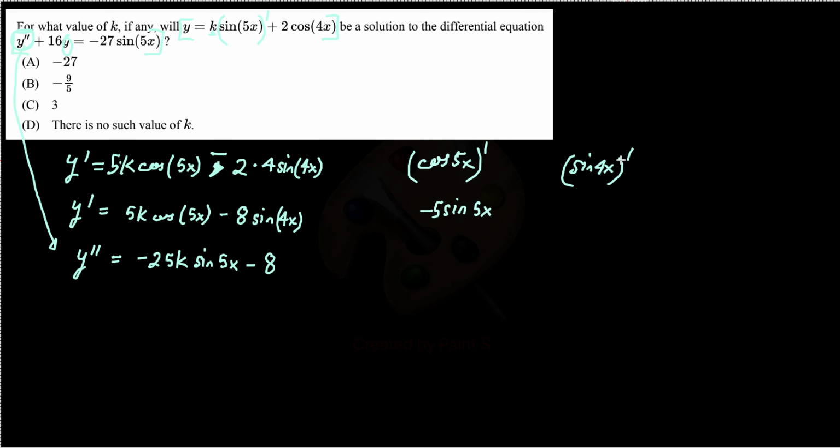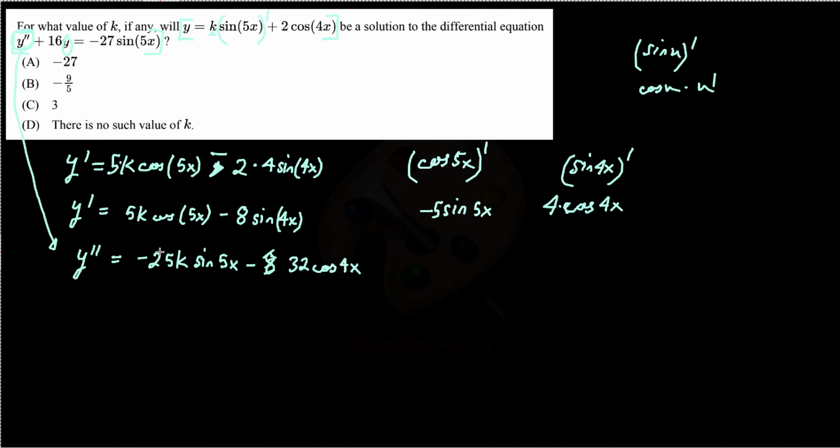Again, know your chain rule: the derivative of sine u is cosine u times u prime. So in this case, it's cosine 4x times 4, and that's times 8, so 8 times 4 is 32. So I'm going to get 32 cosine 4x. And that's y double prime.